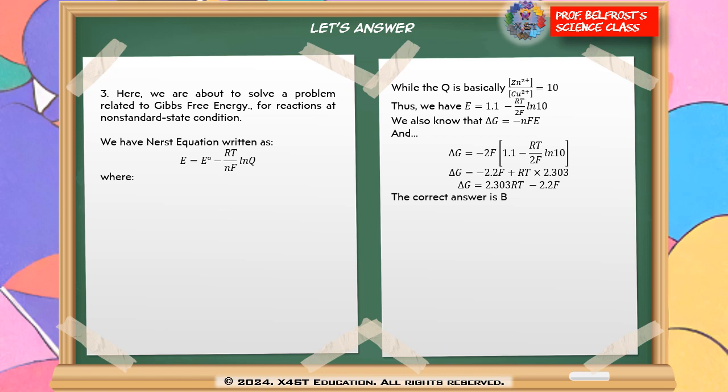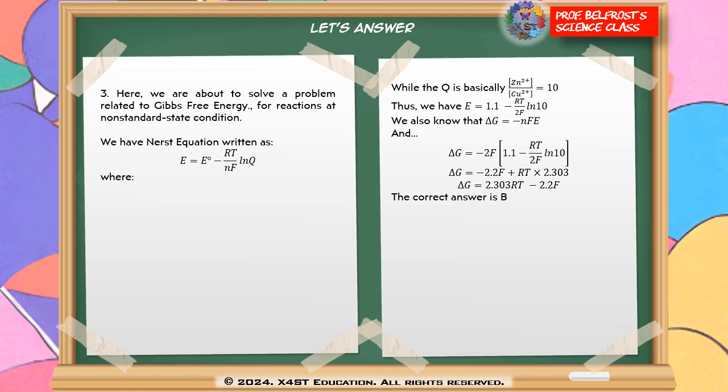So here we are about to solve a problem related to Gibbs free energy for a reaction at non-standard state condition. Let me read the question for you. So we have the following cell. I will not read it. You can just see the screenshot, where the concentration of Zn2+ is 10 times the concentration of Cu2+.